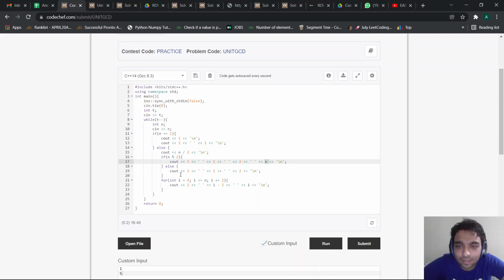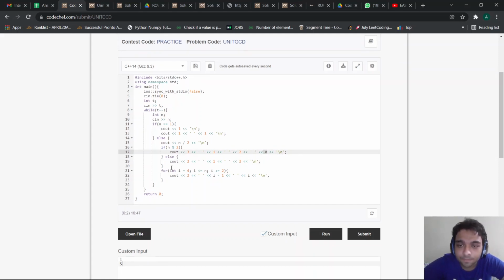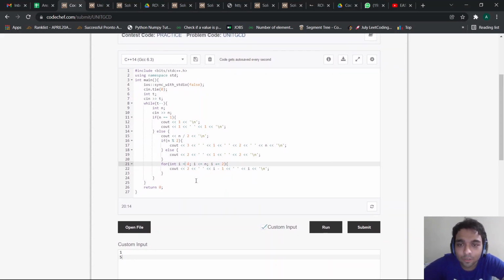In the case of even, we can just use 1, 2 and there's no need for this extra number, because there's no extra number. And then so forth we apply a particular logic where we print i and i minus 1. So with 3, 4, then we print 5, 6, we print 7, 8 and so on till all the n gets exhausted. So yeah, this was the approach for this particular code.